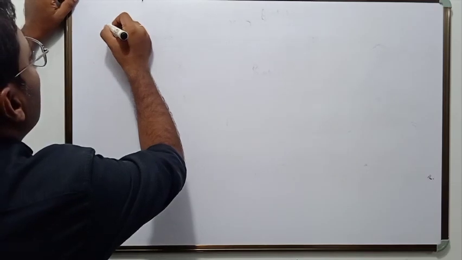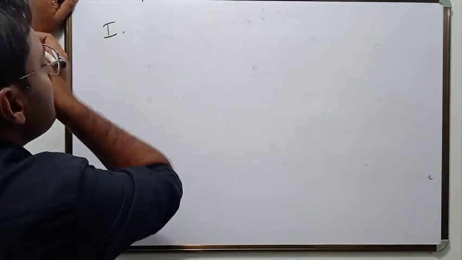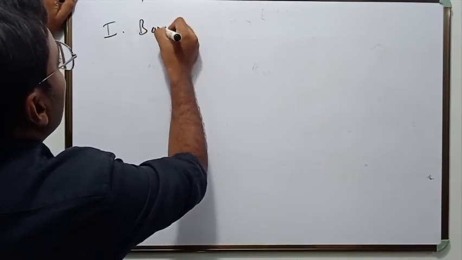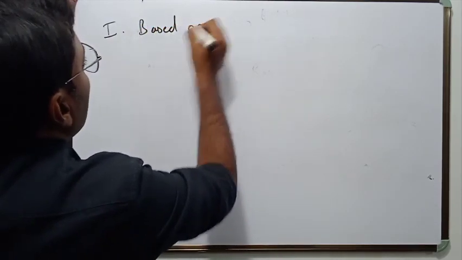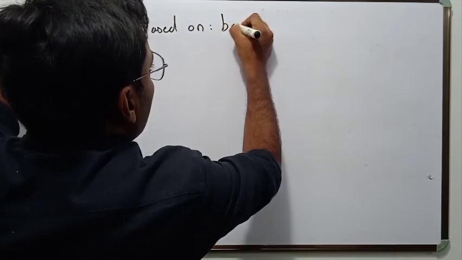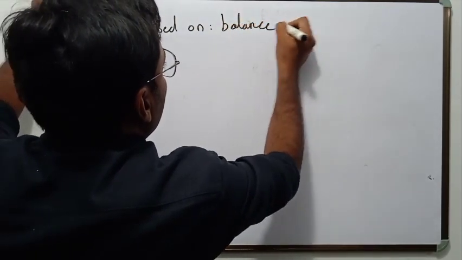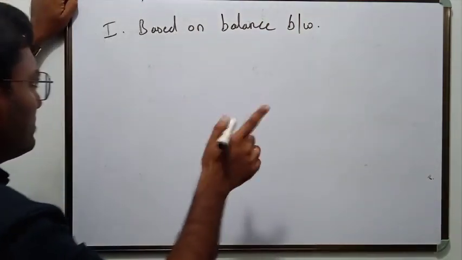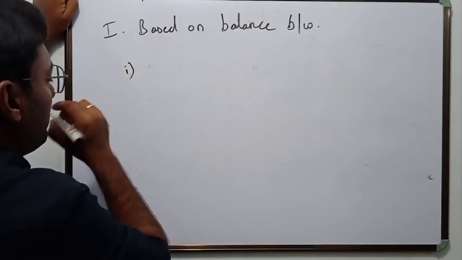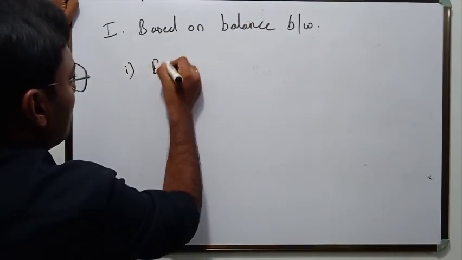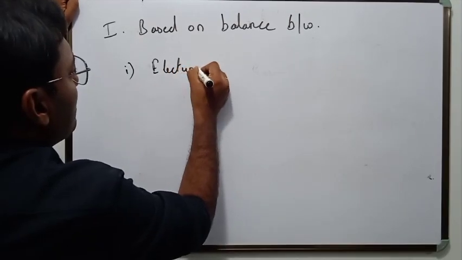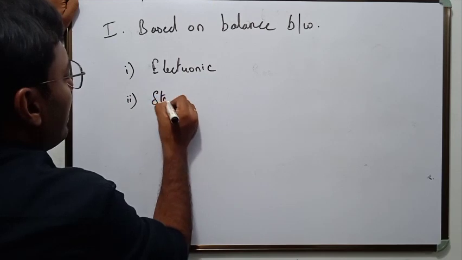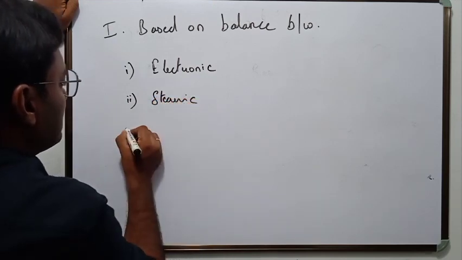The first type of reasoning is based on the balance between three effects: number 1, electronic effect; number 2, steric effect; and number 3, solvation effect.